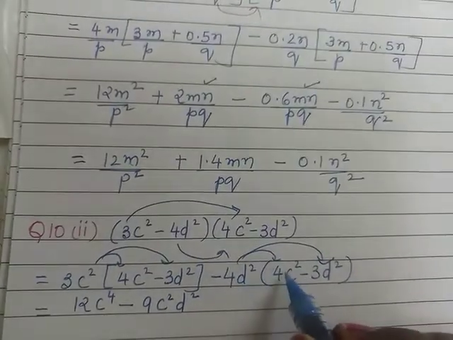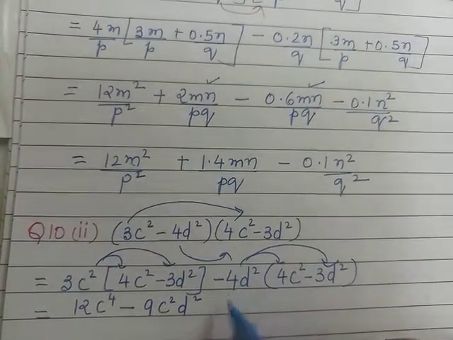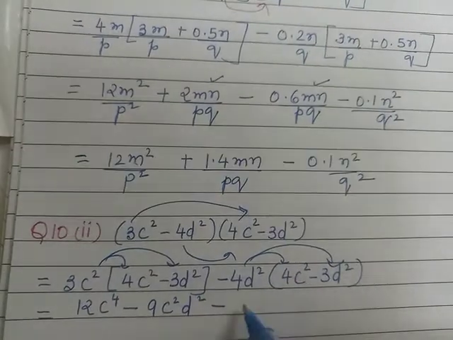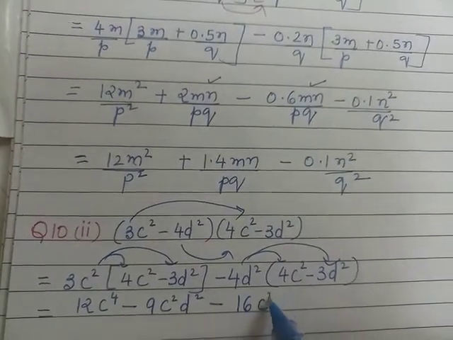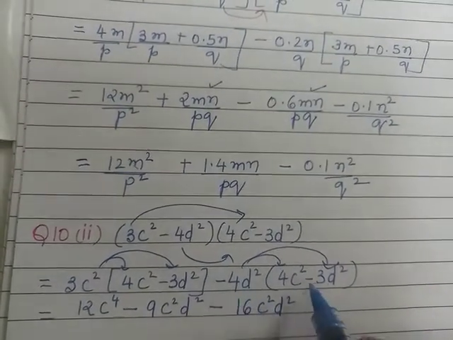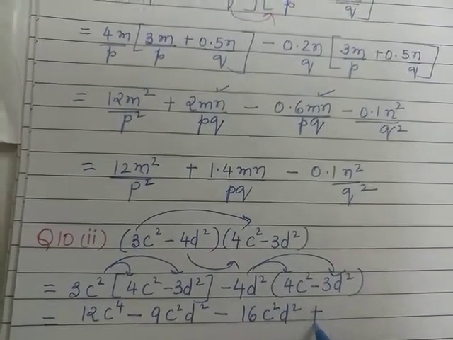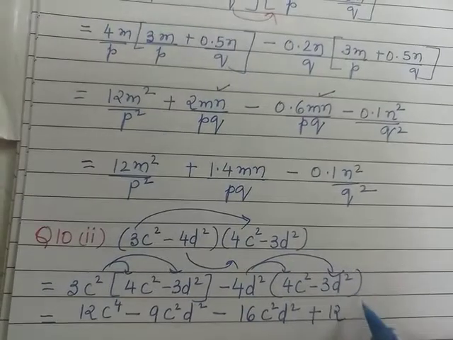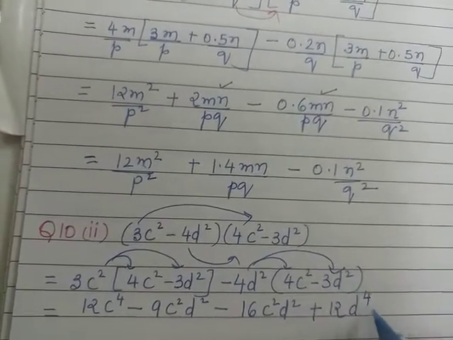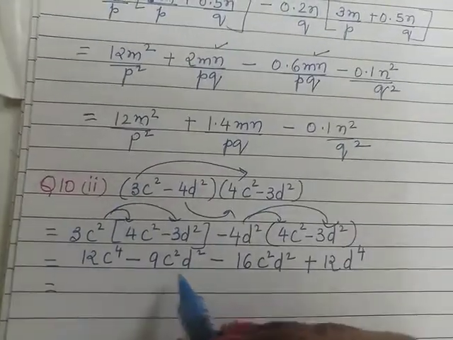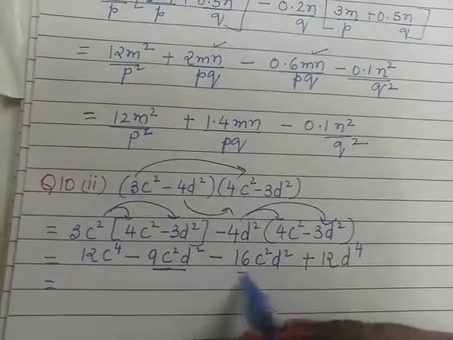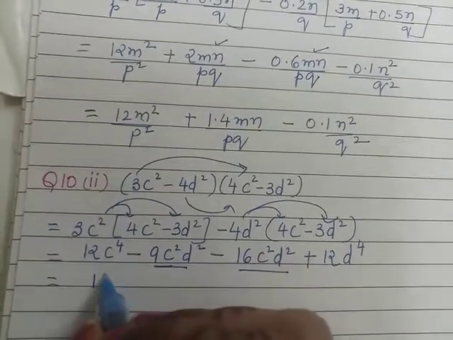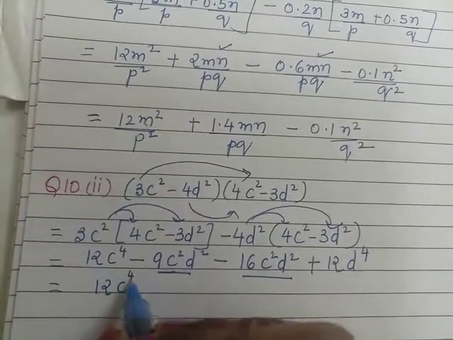Now when we multiply these two, this is plus, this is minus, so minus 4 4s is 16, c square d square, minus minus is going to become plus, 4 3s is 12, d square into d square will give you d to the power 4. Now these two are the like terms, so we solve them. So we get 12 c4.